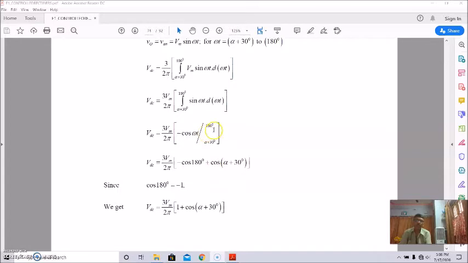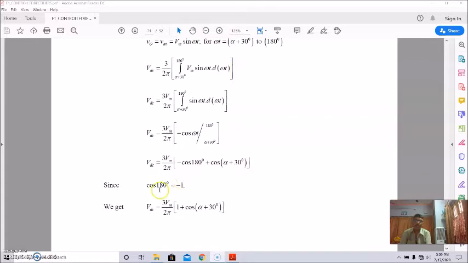Putting in the limits, upper limit minus lower limit, we get minus cos 180 degree plus cos of alpha plus 30 degree. So VDC equals 3 Vm by 2 pi times minus cos 180 degree plus cos of alpha plus 30 degree.